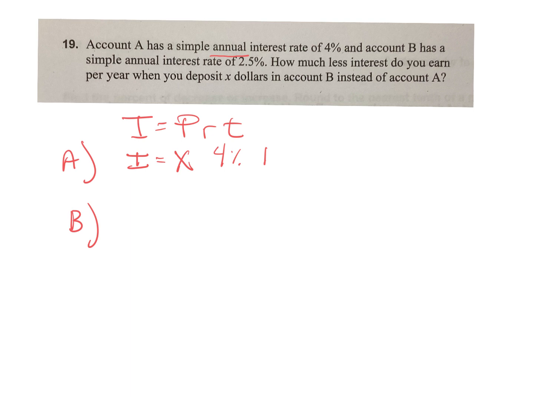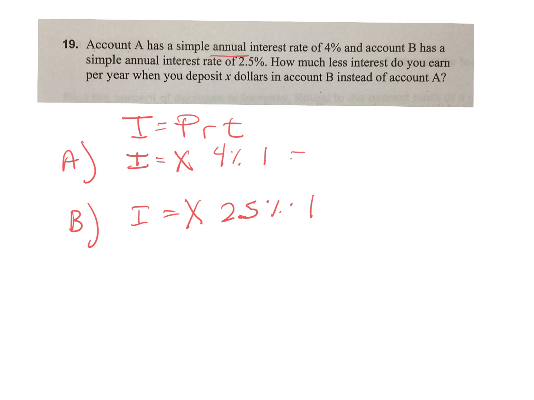Now for B, interest equals the same amount, but instead of a rate of 4%, now we have a rate of 2.5% times T, or just 1, because this is annual also.